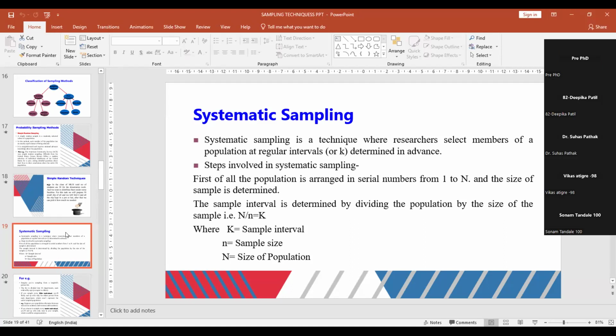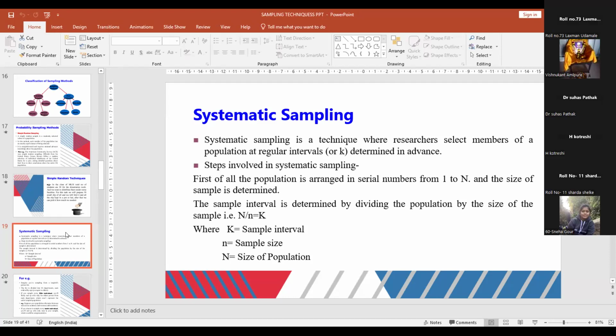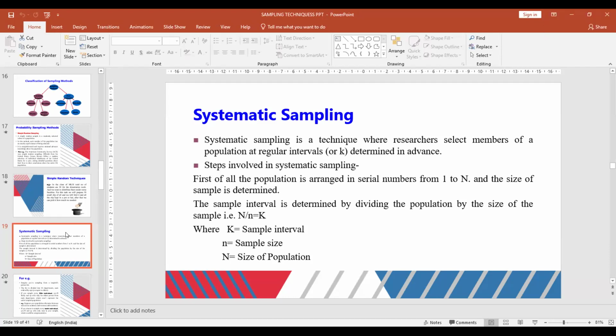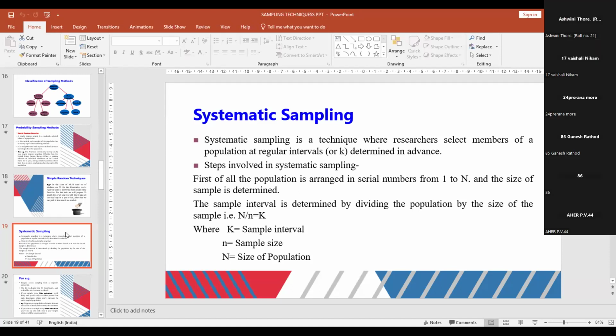If you see the slide, first of all, the population has serial numbers from 1 to N, numbers 1, 2, 3, 4, thousands, lakhs, and so on. And the sample size is determined.